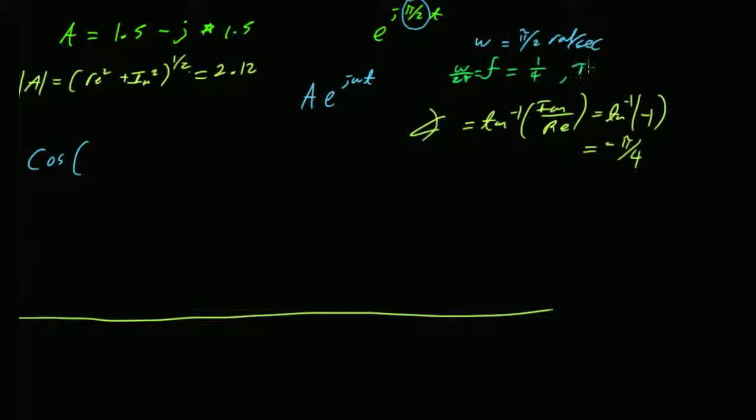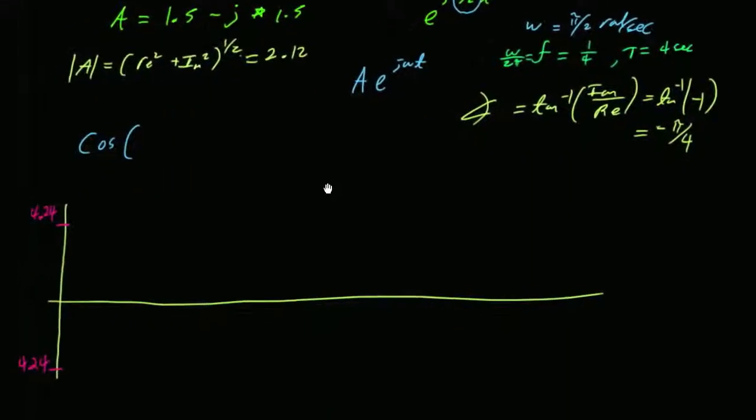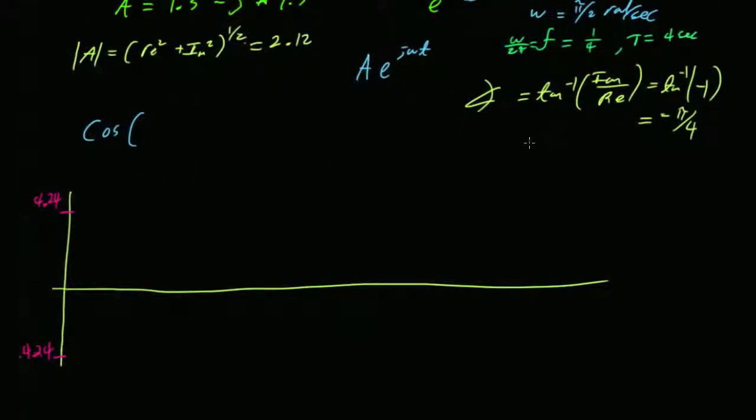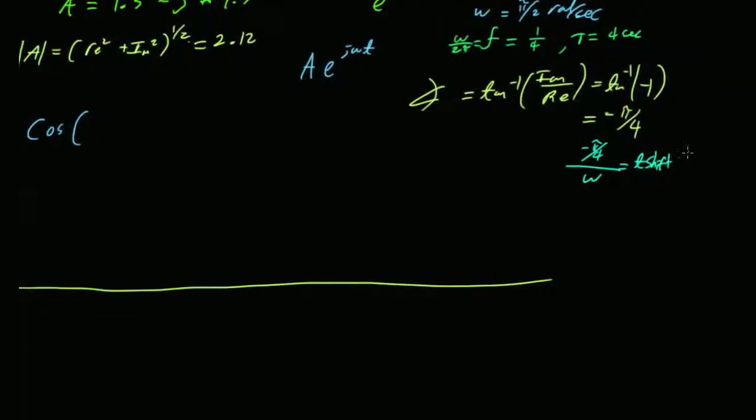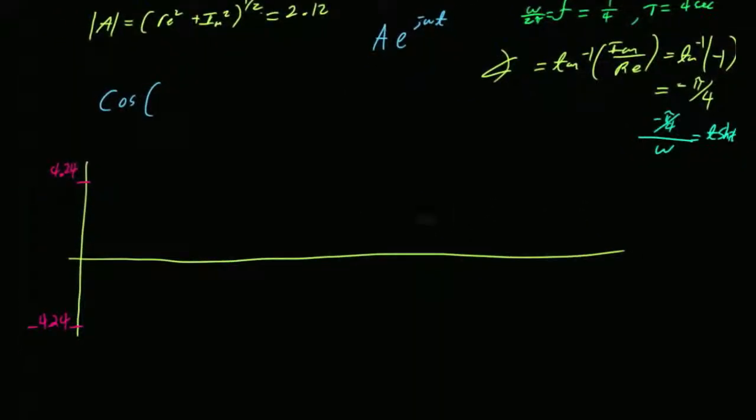Now, if my phase shift is minus pi over 4, can I convert that into seconds? Totally. If I take that and divide it by omega, I get the phase shift in seconds, which is 1/2 second. So my period is 4 seconds, and I'm shifting it to the right by 1/2 second. So not that much, right? So maybe a little bit like this.